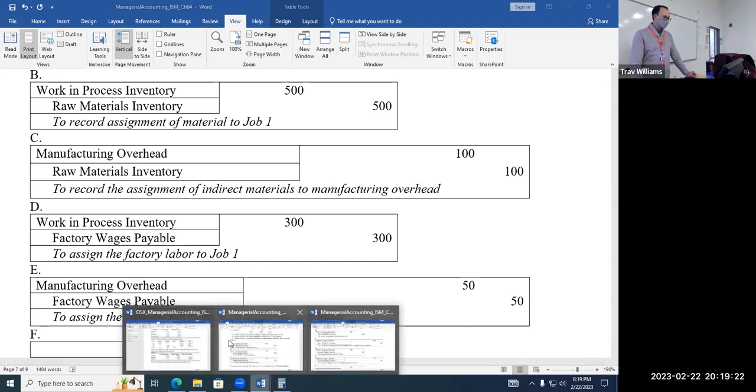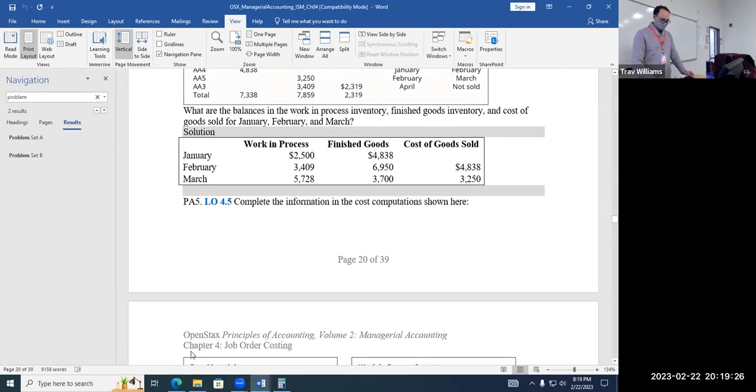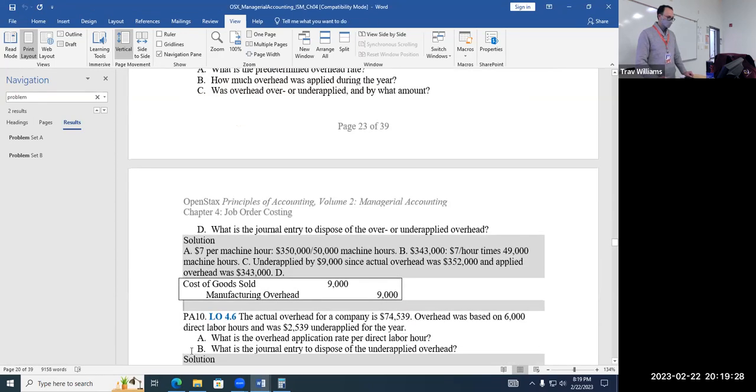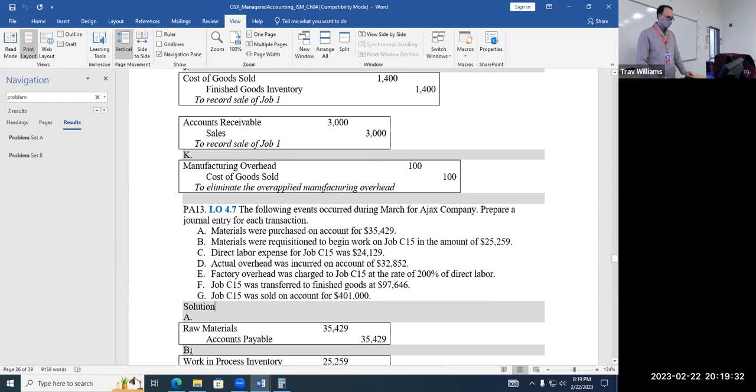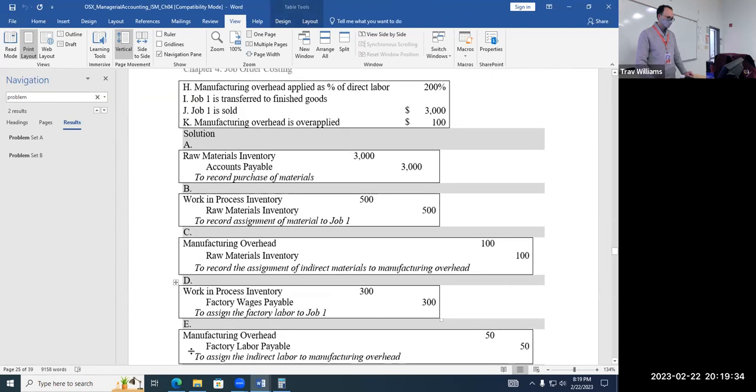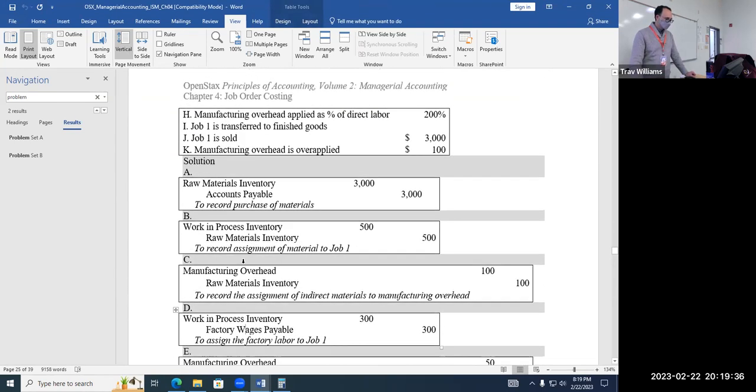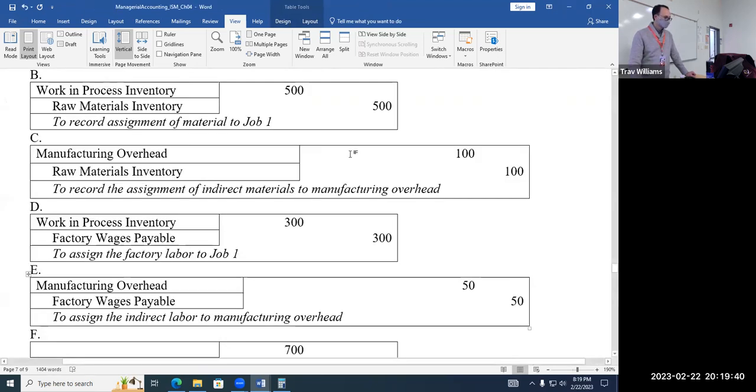Let me check on that. Sometimes they change the wording, so. Okay, factory wages payable is correct. Any questions so far?